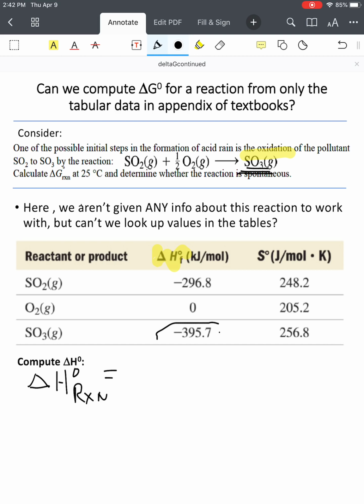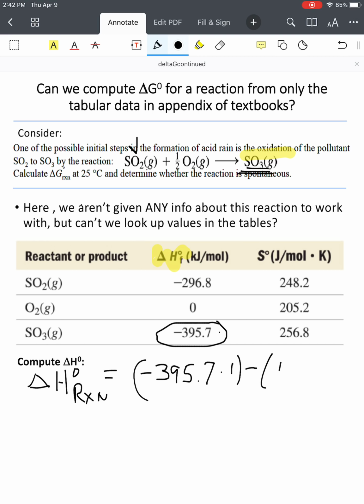So if I look at my heat of formation data for my SO3, which I would get from Appendix B, I see that it's negative 395.7 kilojoules per mole, isn't it? Now I need to multiply that by 1 because of the 1 in the balanced chemical equation. But that's my only product, and now I need to subtract from my reactants, don't I? My first reactant is SO2.